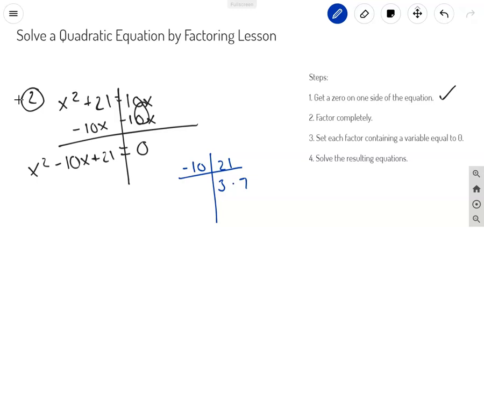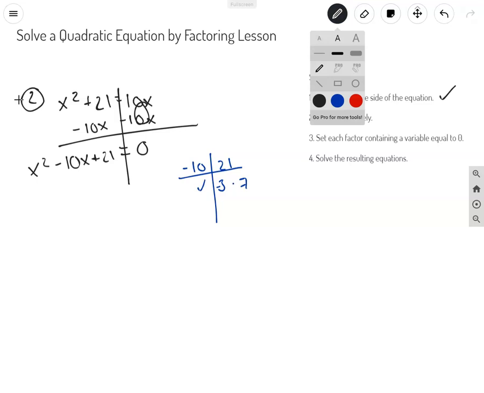But 3 plus 7 is positive 10, not negative 10. However, a negative times a negative is a positive, so a negative 3 times a negative 7 would make a positive 21, and a negative 3 plus a negative 7 would be a negative 10. So those are my factors.